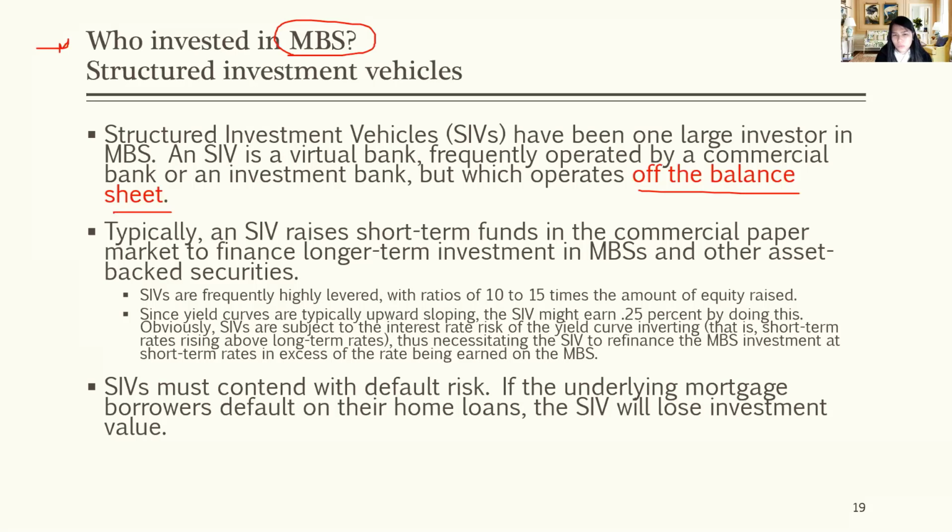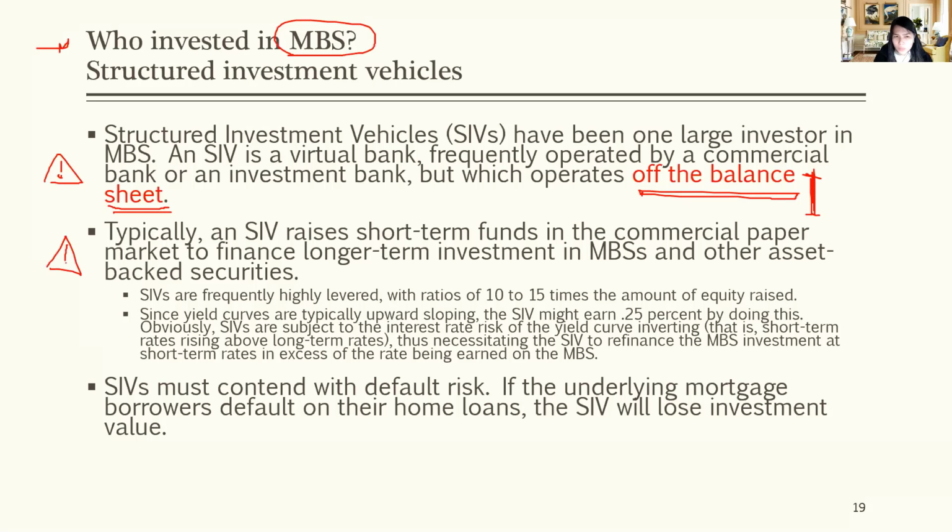So they will not be recognized on the balance sheet unless any gains or profits are realized, okay? So one big problem here: when they are off balance sheet, the banks don't have to report them in their consolidated statement. And so people will not know about it until it's too late, until the problem is already recognized.